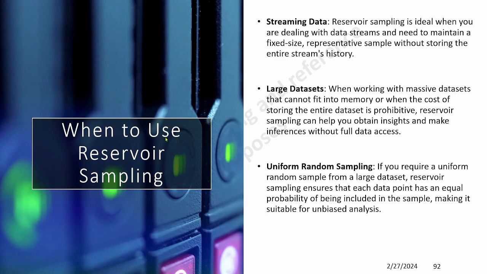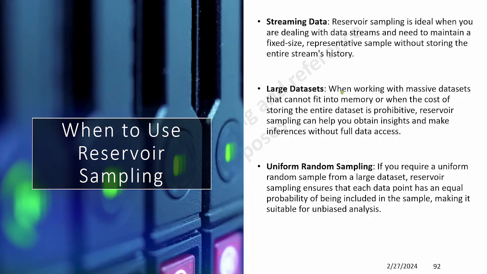So when to use reservoir sampling? It is useful when you are dealing with a data stream or continuous flow of data, and you need to maintain a fixed size, representative sample without storing the entire stream of data.